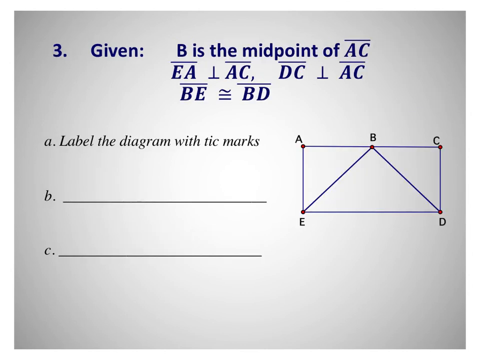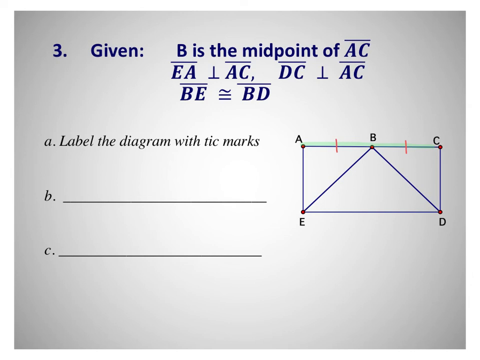Okay, given that B is the midpoint of AC. So here's AC. If B is the midpoint, what I know automatically is that AB is going to be congruent to BC. That is the definition of midpoint. It is in the middle of a segment. It splits the segment into two equal pieces. The next piece they're telling me is that EA is perpendicular to AC.